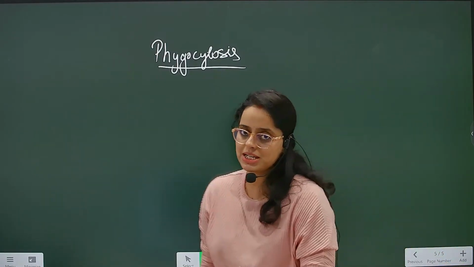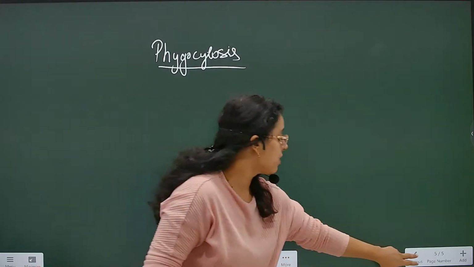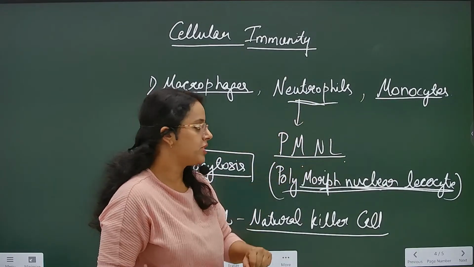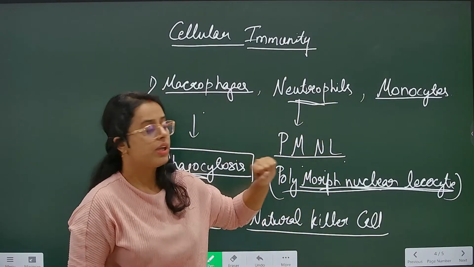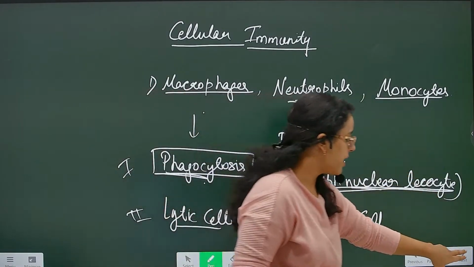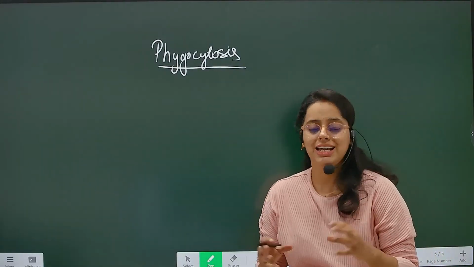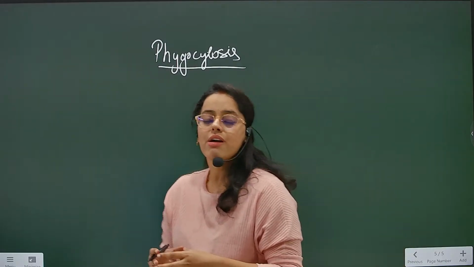What about blood? If they are entering via blood, the cells that handle them are neutrophils, polymorphonuclear leukocytes, and monocytes. How? By killing them, by engulfing the bacterial or viral particle.